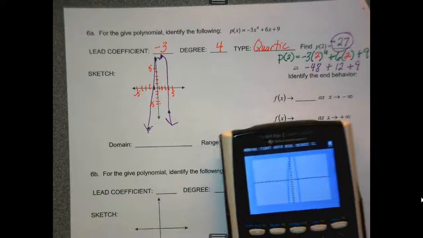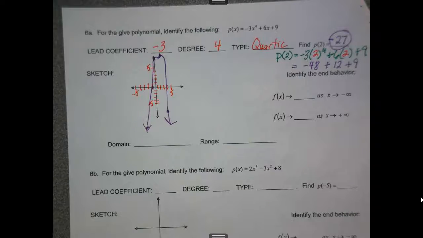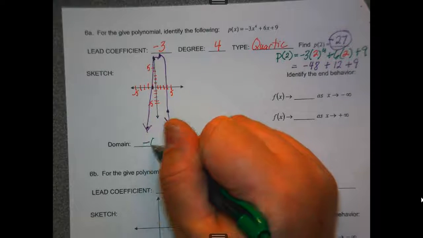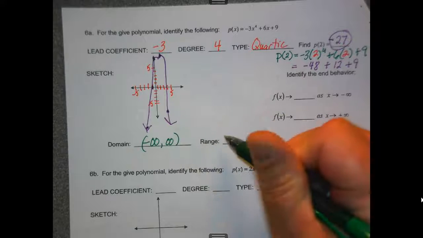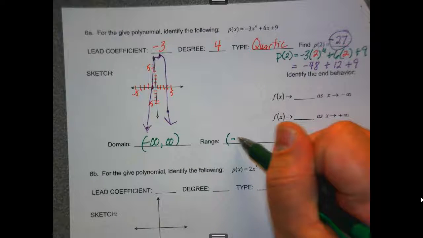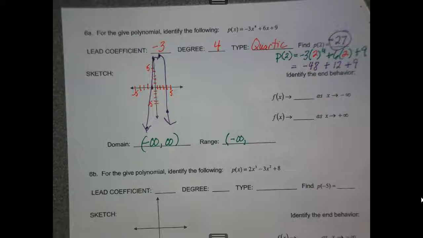What's my domain? Yep, negative infinity, positive infinity. Range. What's my smallest number? We have a problem though. Houston, we have a problem. We have to find our highest y on our graph, right?